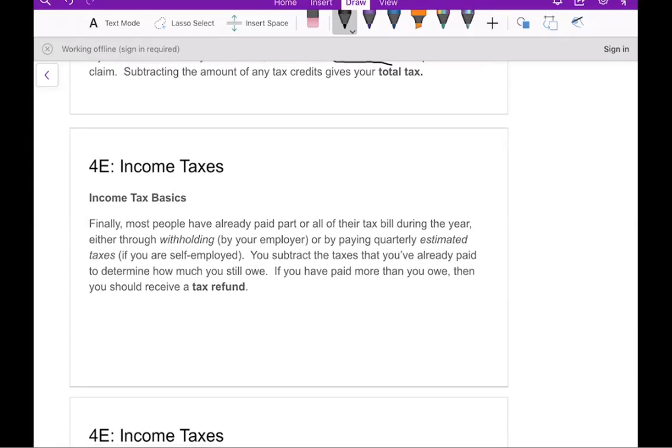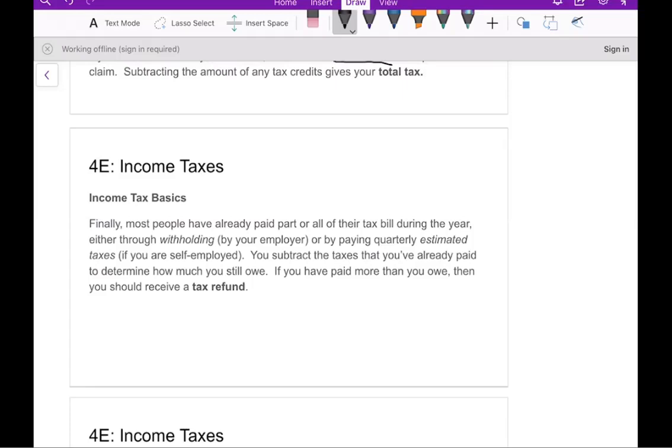Now, most of the time, you'll notice that when you get your paycheck, if you're employed by somebody, there was stuff withheld from your paycheck, and usually the purpose of this is that it's going towards your taxes. Another option that's less common, but is a possibility, is that you could also pay quarterly estimated taxes, and this is usually only if you're self-employed.